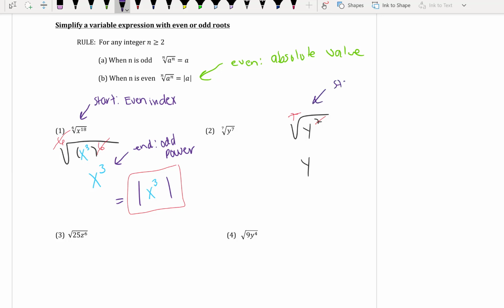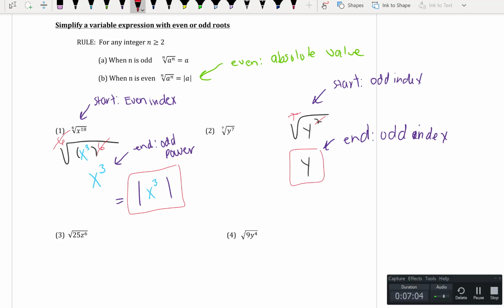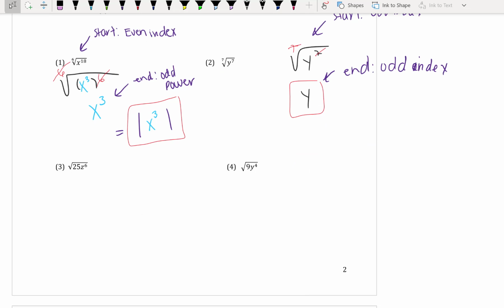We started with an odd index, and we end with an odd index. So because I started with that index of 7, then I'm okay saying that this is just going to equal y.